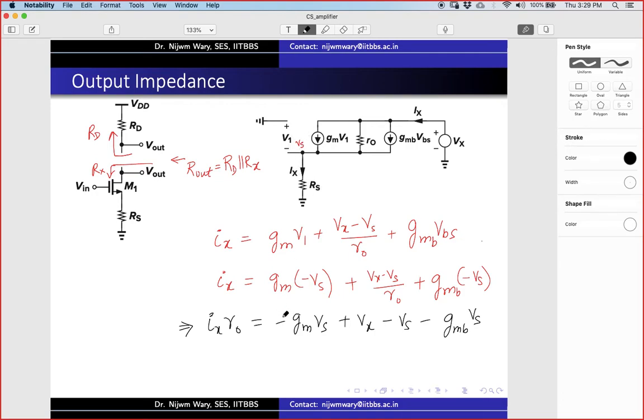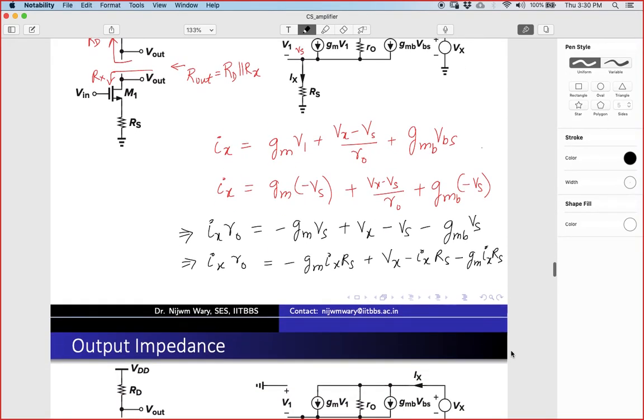So Ix Rho equals minus Gm Ix Rs plus Vx minus Ix Rs minus Gmb Ix Rs.